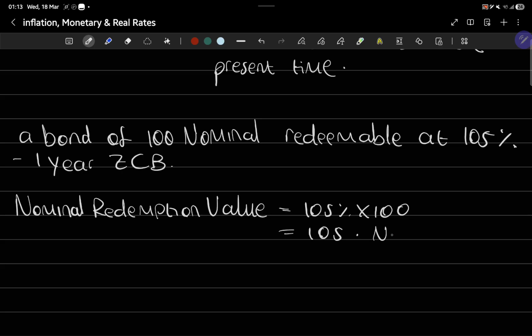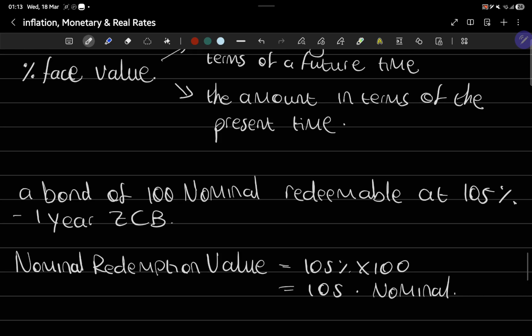Okay, this is a nominal value. The reason why it's a nominal value is because, first of all, it's a percentage of the face value, which is 100 Rand nominal. It's 105% of the face value. In other words, they're not telling you that in 1 year you'll get 105 Rand, or that you'll get 105 Rand in terms of today's purchasing power.